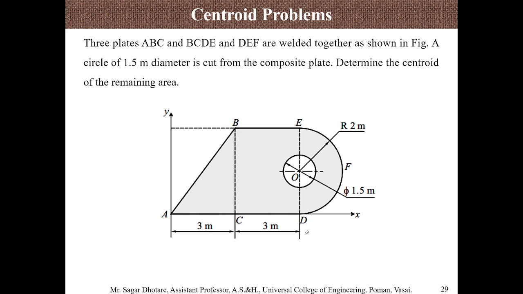Read the example carefully. Three plates ABC, BCDE and DEF are welded together, as shown in the figure, and a circular cut of diameter 1.5 is made from the composite plate.